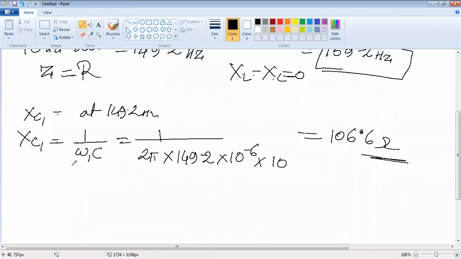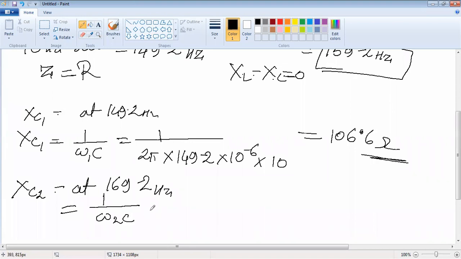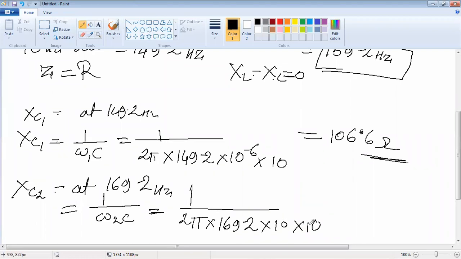And the capacitive reactance XC2 at 169.2 hertz will be 1 by omega C, which is 1 by 2 pi into 169.2 into 10 into 10 to the power minus 6.